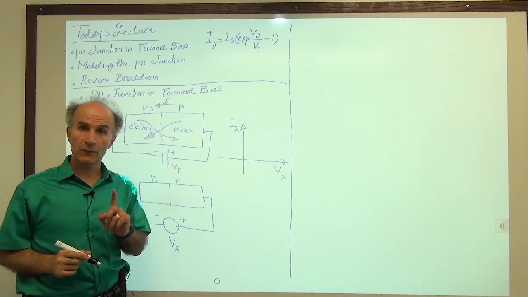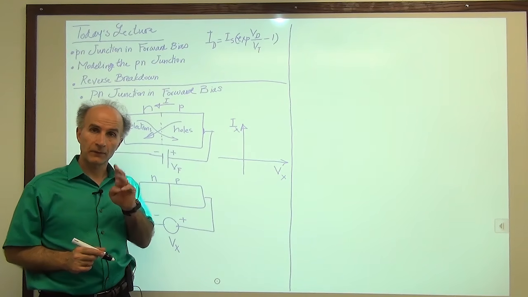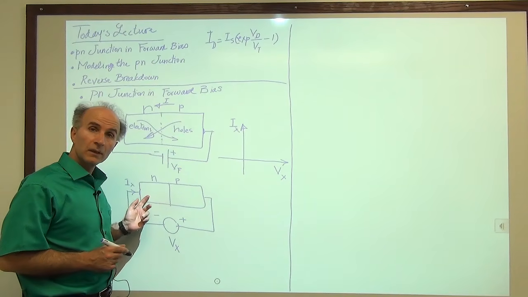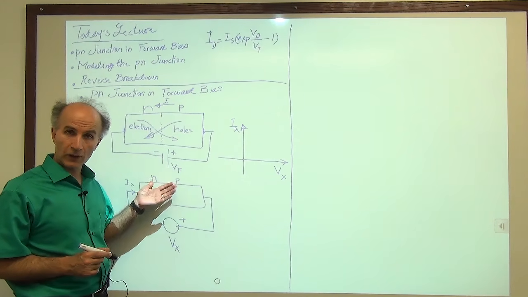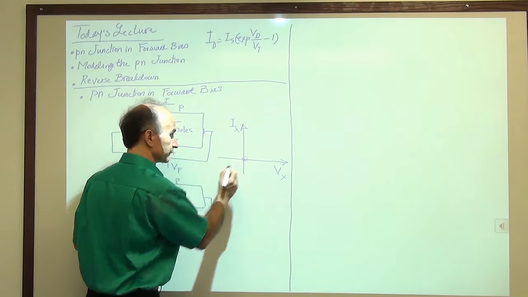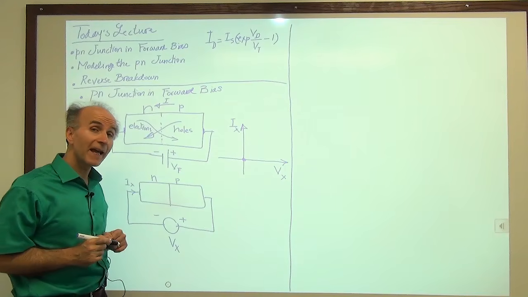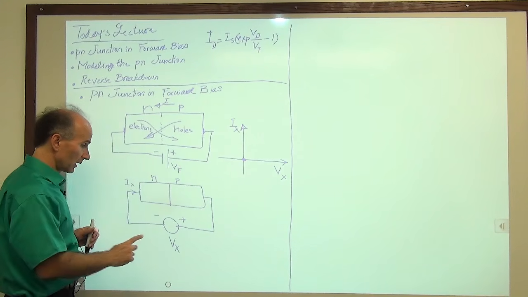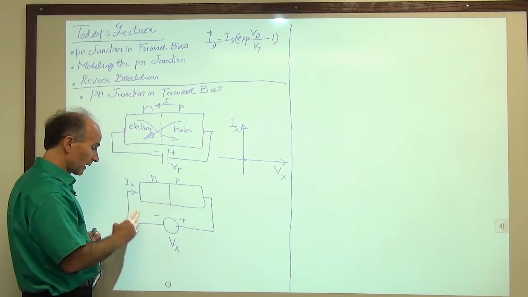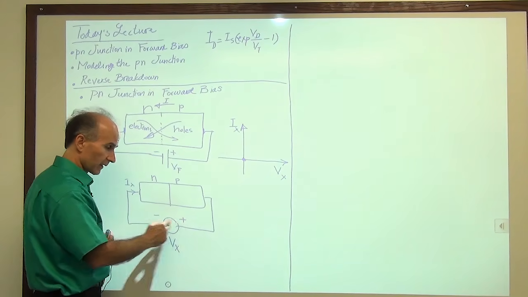So from what we've seen so far, we can observe three types of operation. If Vx is 0, the junction is in equilibrium, there's no current, we just have a depletion region inside. So we are right here. If Vx is negative, you see, I have assumed the positive is on this side. So if Vx is negative, it means that this side is more negative than this side.